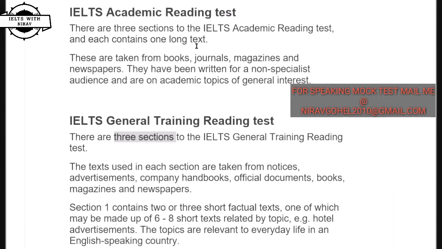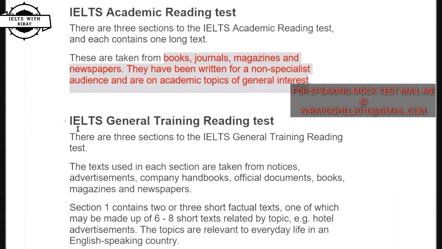In the academic reading test, you will get most of your topics from books, journals, magazines and newspapers. They have been written for a non-specialist audience and are on academic topics. So if you are an academic student, try to read such material.